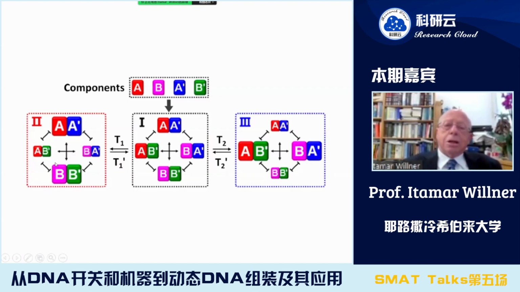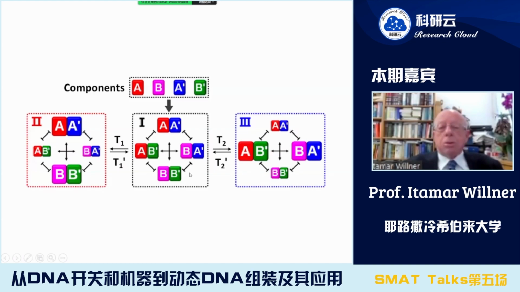Now, what is a network? And this is basically the most important slide of my talk. If we understand the operation of this kind of network, we can then follow all the other slides and all the other systems that I'm going to describe.